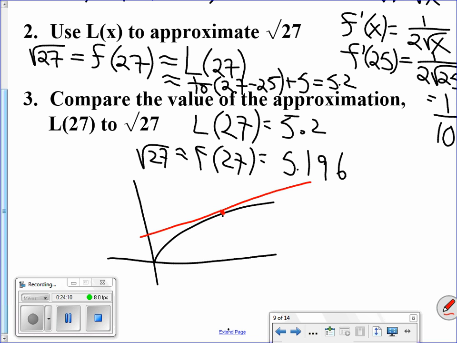It's greater. It's an over approximation. See how the y on the tangent line is over? It's above the y on the actual curve. So my approximation, I already know, is a little over the actual. So not only can you get approximation, but by looking at the concavity, you know whether it's an under or an over approximation.